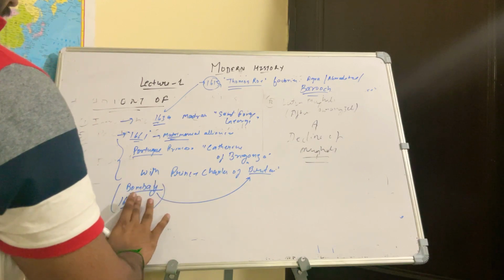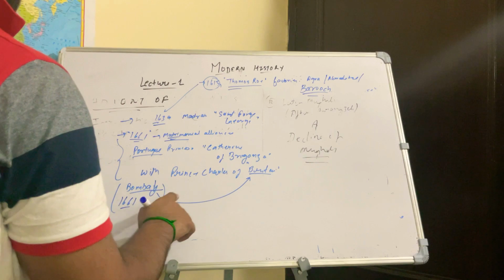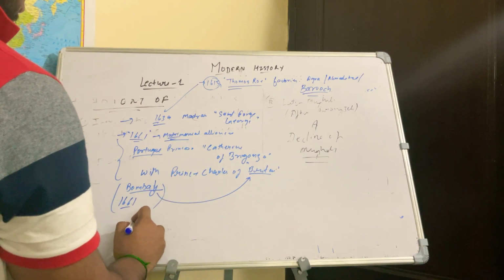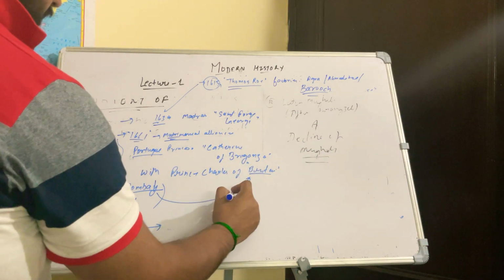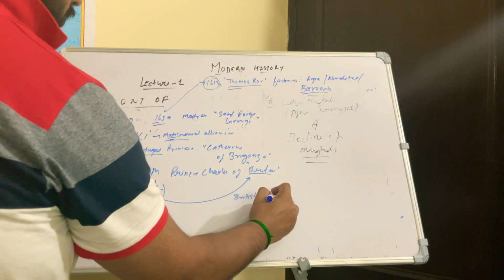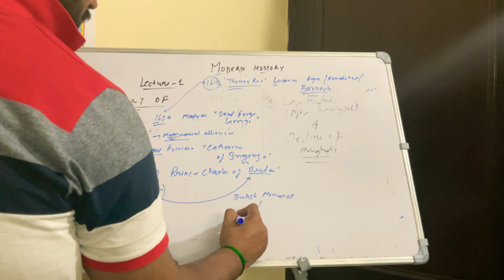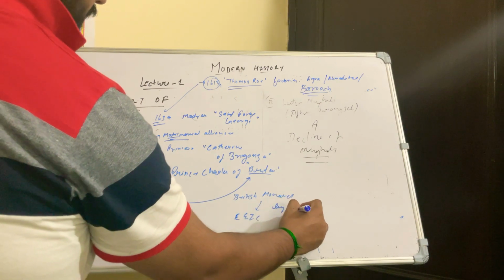So by 1661, the island of Bombay was transferred to the British monarch, and by 1668, Bombay was transferred from the British monarch to the English East India Company for only £10.